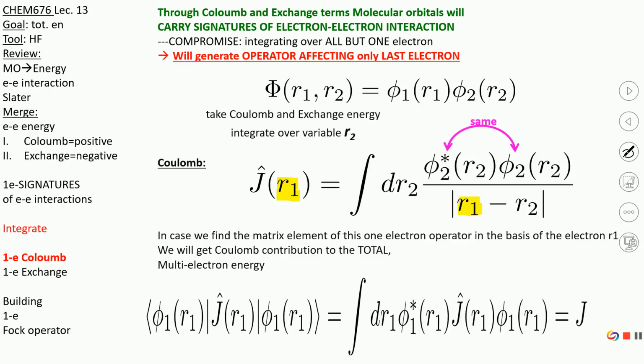This equation, where we have an integral over R1, and inside there is integration over R2, will be absolutely equivalent to our first diagram, where they bump and go in opposite directions. But this J of R1 is a one electron operator instead of a two electron operator, and we are going to use it in the one electron Fock equation. So the same Coulomb repulsion in the denominator. Good.